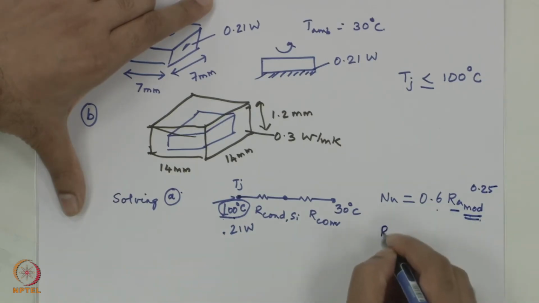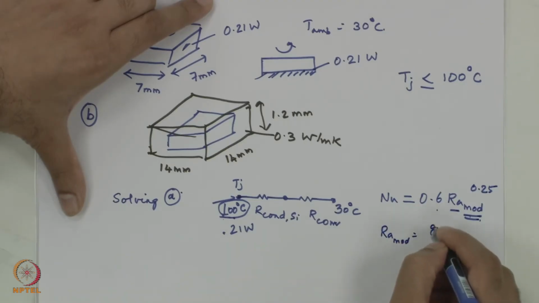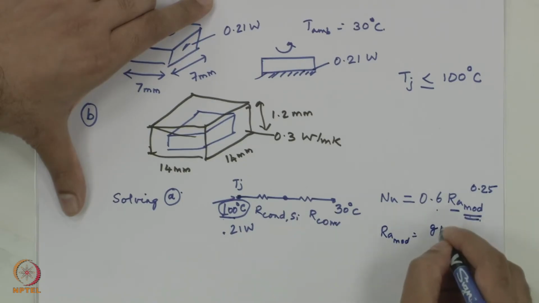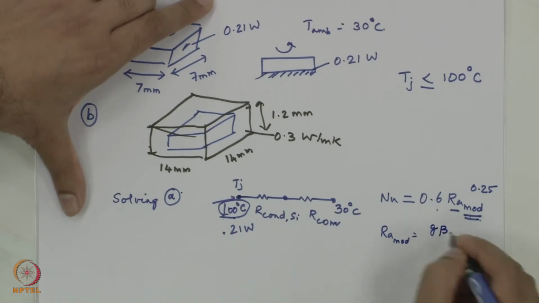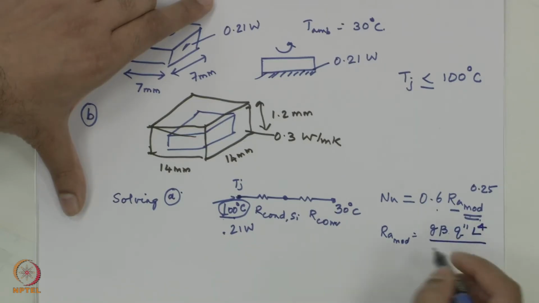The modified Rayleigh number is defined as g times beta times the flux dissipated times the characteristic length scale raised to the power 4, divided by k times alpha times nu. g is the acceleration due to gravity, beta is the coefficient of thermal expansion, k is the thermal conductivity of the fluid, in this case air, alpha is the thermal diffusivity of the fluid, and nu is the kinematic viscosity of the fluid.